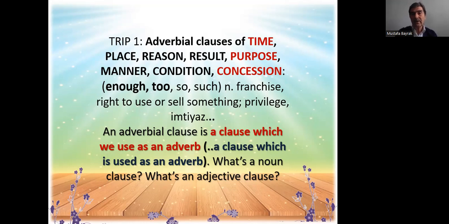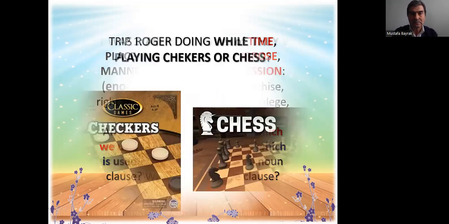We will have a complete, entire knowledge about them in the advanced level. We will wrap them up in the advanced level, and you will have a complete knowledge about all those clauses.